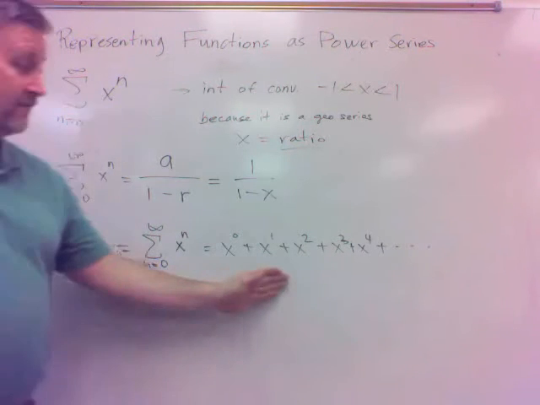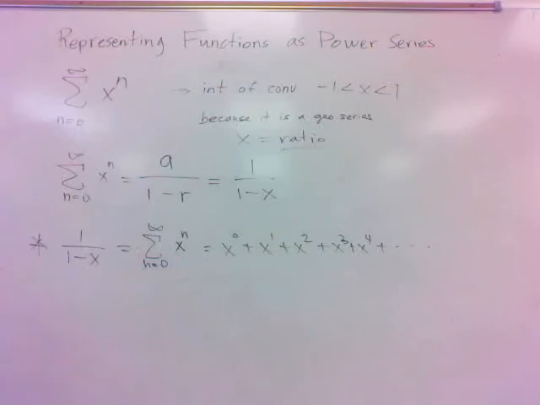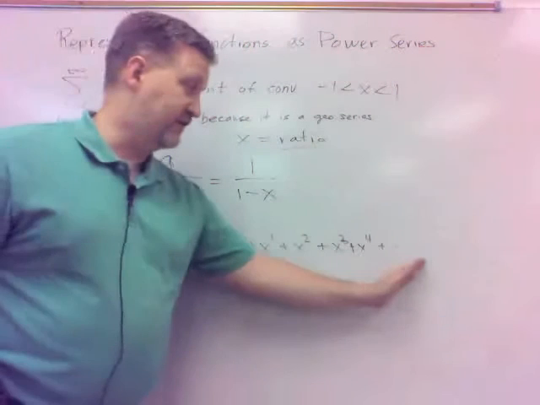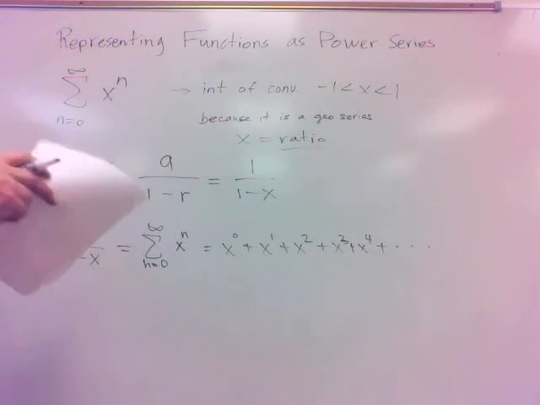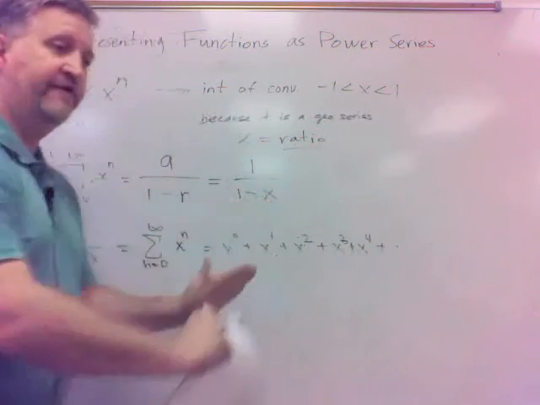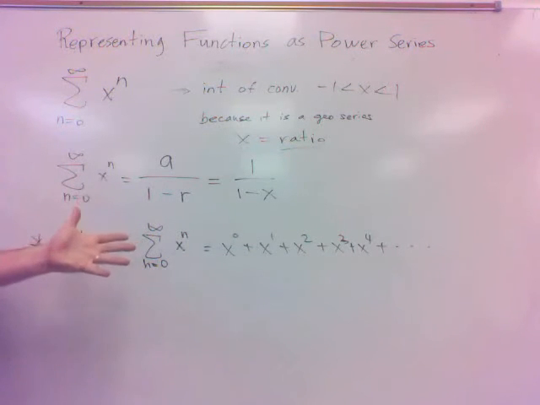Well, isn't this kind of looking like a polynomial sort of thing? So this is taking an infinitely long polynomial, and we're writing it only as 1 over 1 minus x. So it shrinks all these terms, if you will, down to this. Now, the only thing is, this only works for certain x's, right?